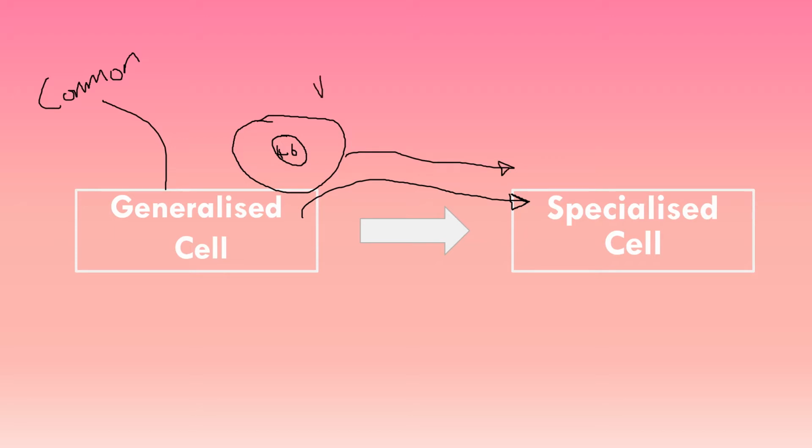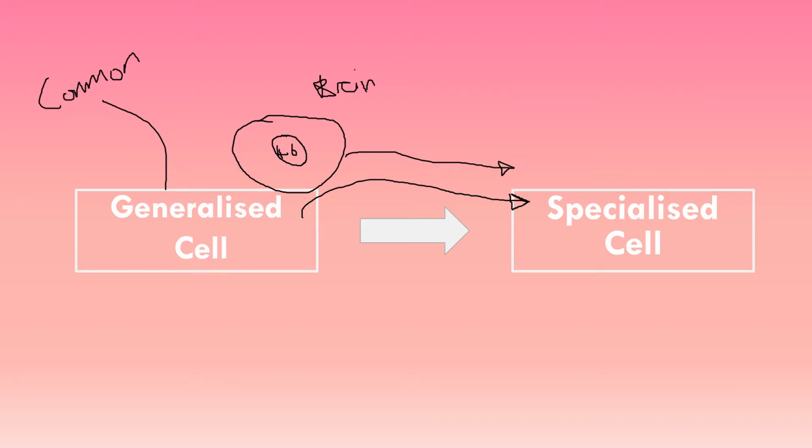So if a brain cell, a neuron, let's say, is told that it's going to be a neuron, then it doesn't need the instructions on how to make insulin, for example. That's the job of a pancreas cell.